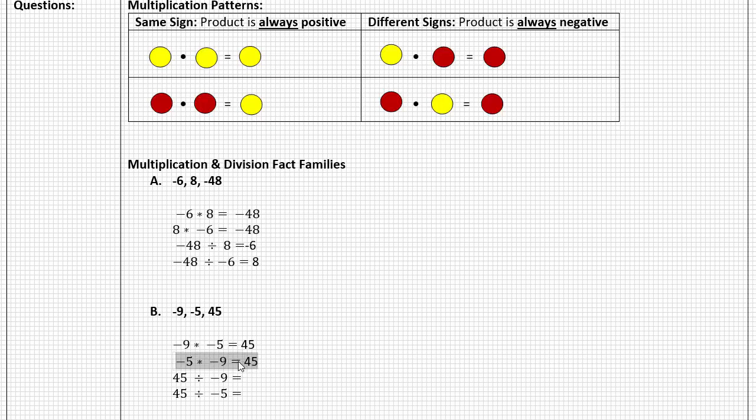So 45 divided by -9 must equal -5, which would mean that 45 divided by -5 is the reverse of this problem right here. So the solution would be -9. 45 divided by -5 is equal to -9. Are you starting to notice any patterns with division?